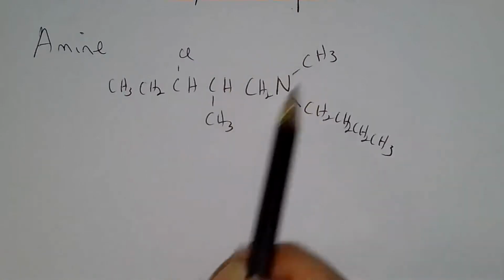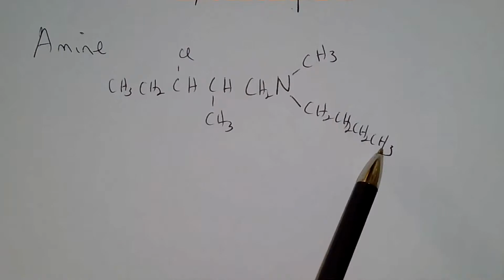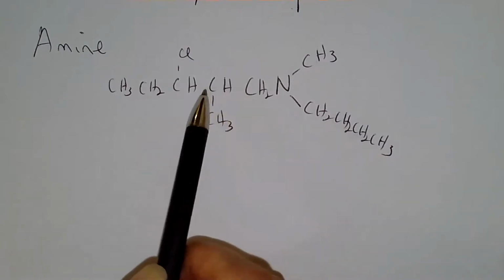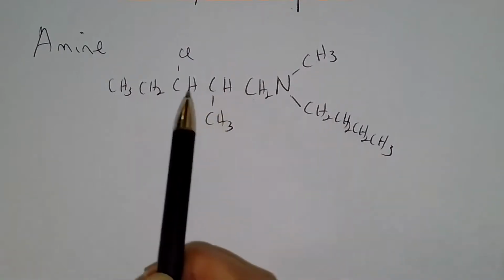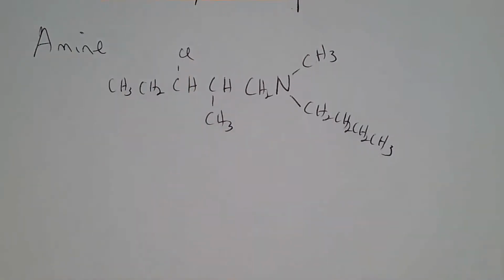So I have a nitrogen, I have a CH3 here, and then a CH2, CH2, CH2, CH3. I have a CH2, CH, and then I have this methyl group here. I have a CH, there's my chloro, CH2, and a CH3.